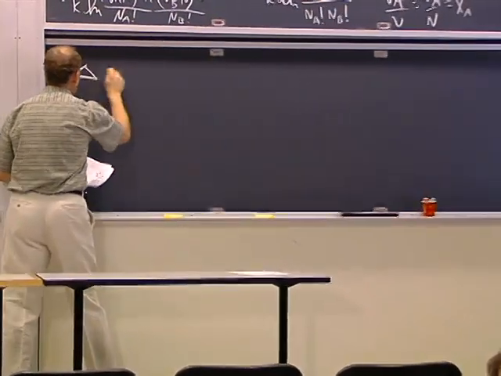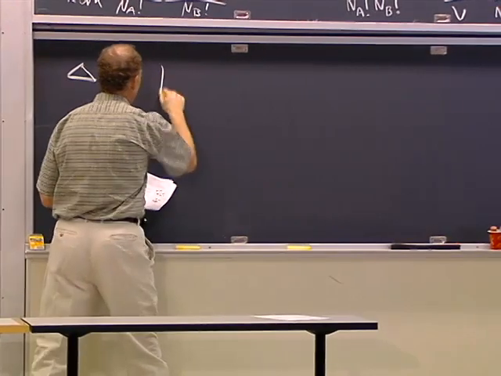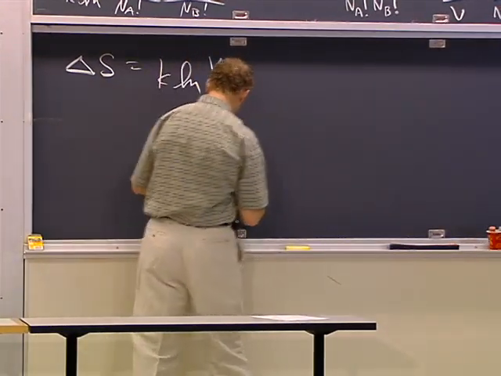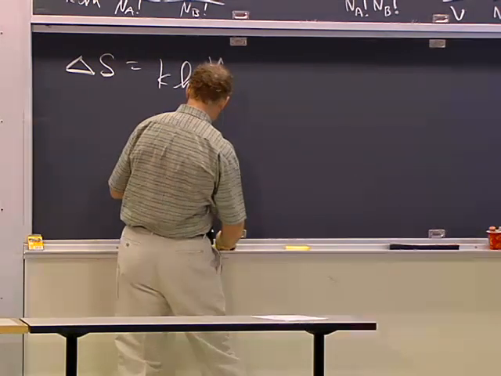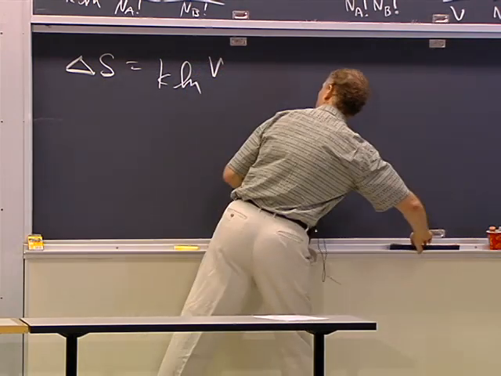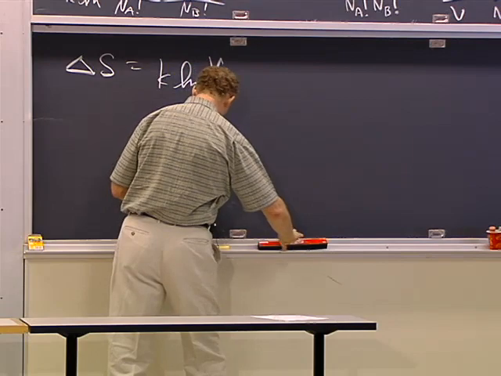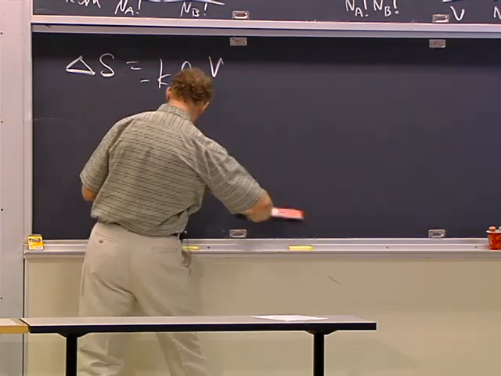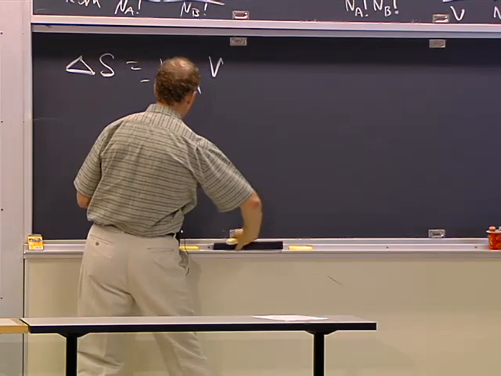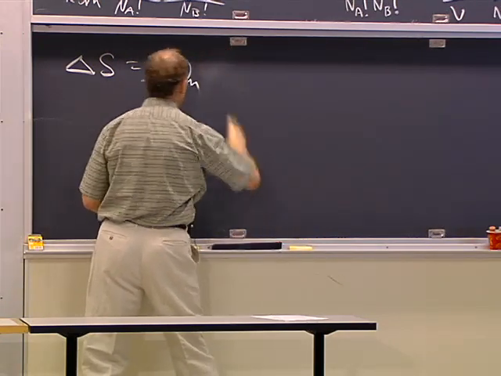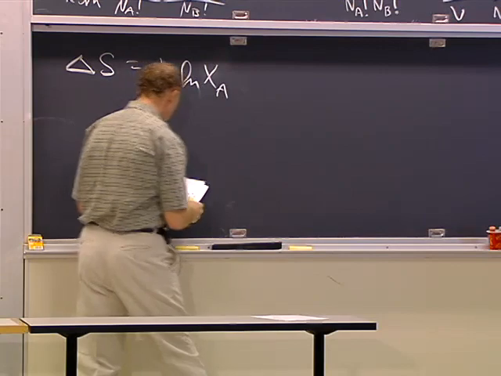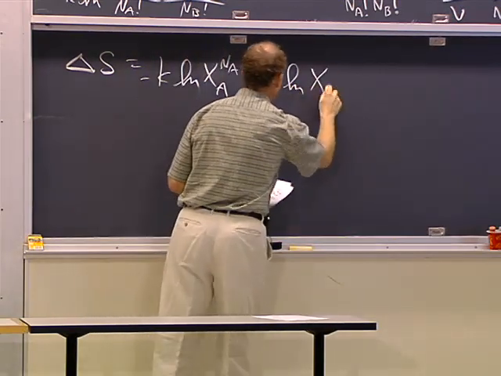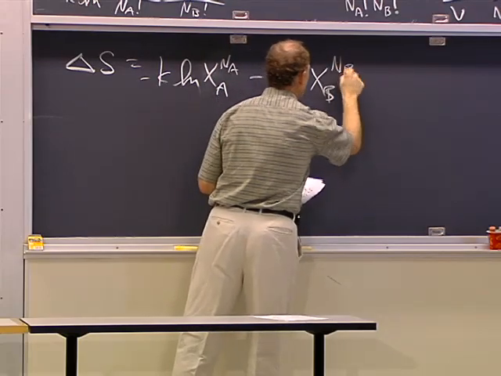And now our delta S just becomes, let me break this out from the beginning, minus k log XA to the NA power minus k log XB to the NB power.